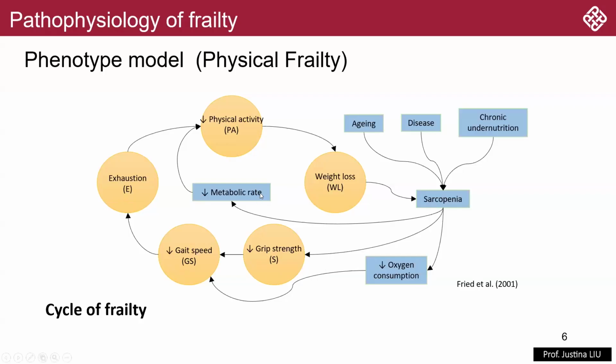The decrease in metabolic rate together with consistent feelings of exhaustion predisposes older people to reduce their overall physical activity level. Reduced physical activity further worsens the condition of malnutrition and predisposes them to weight loss. So that means the cycle starts again. It seems that older people enter a downward spiral.